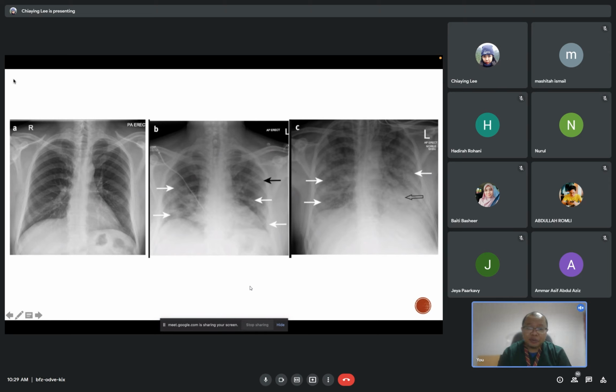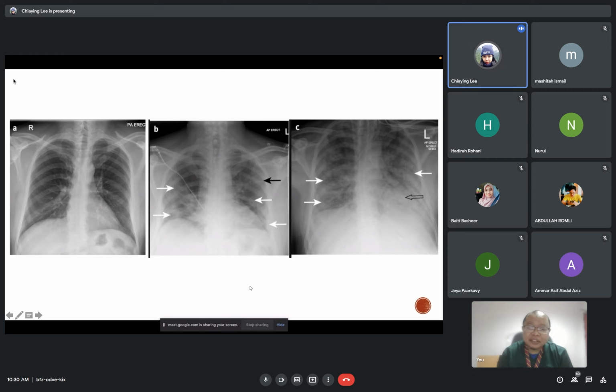Why the different arrows? Are they pointing to different things? No, I'm just curious. Trying to show different things, you know. The middle one, the black arrow is linear opacity.